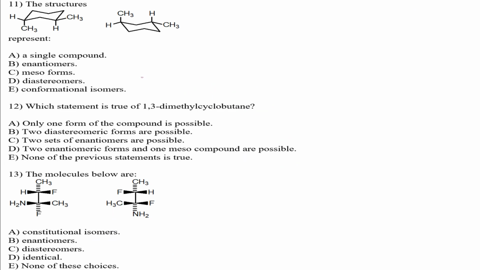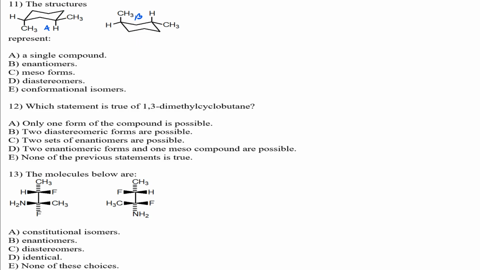Hopefully question 11 is a little bit easier for you to see. If you're a person who likes to feel things in their hands when they're doing chemistry, you could use a model kit. But for me, I just like looking at the pictures. What I'm noticing is that picture A and picture B are the same thing. Why?